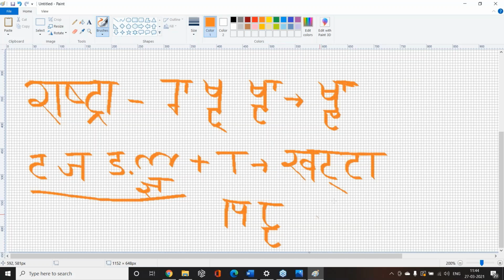Now as per the rule, this a should have come here, right? This is khatta, but since this is that special character which follows a different a matra rule, the a will attach to both the letters below and above. Here also a is attached and here also a is attached, and this will apply only to these letters.